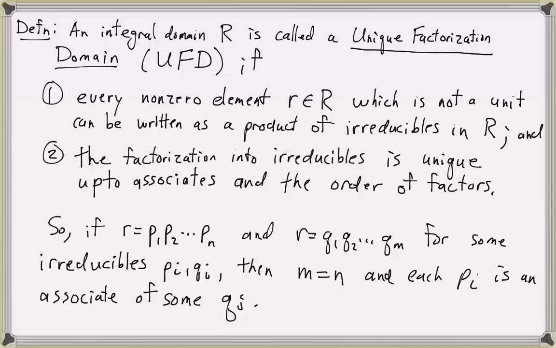So now we're going to study some properties of unique factorization domains. Let's look at a couple of examples though. A field F is trivially a unique factorization domain.